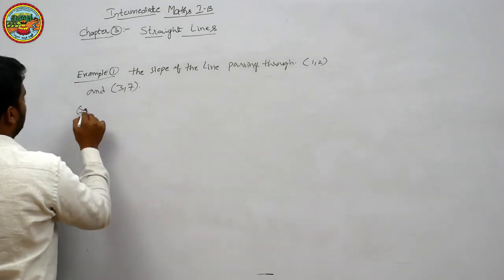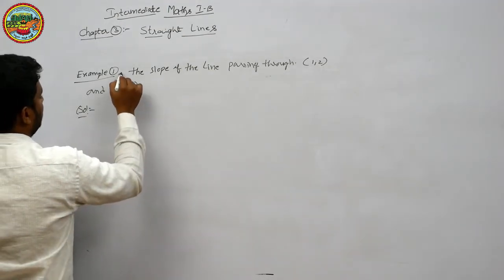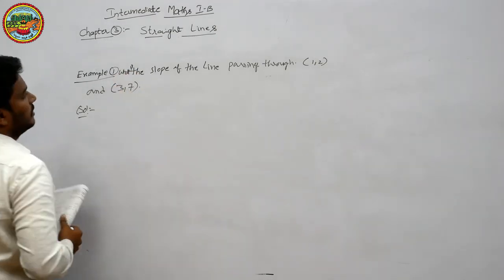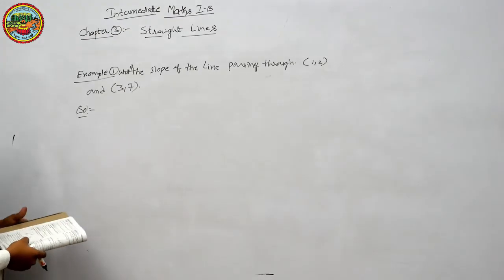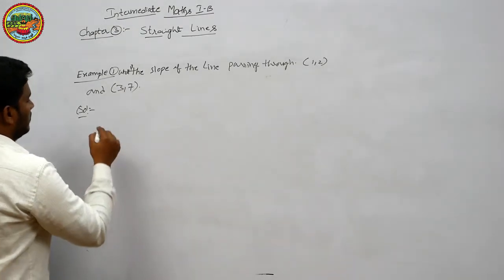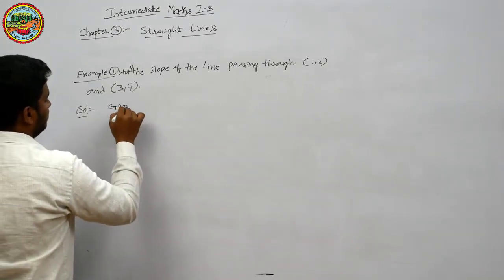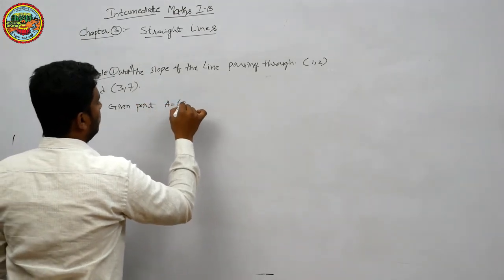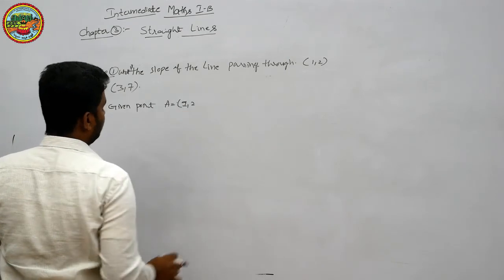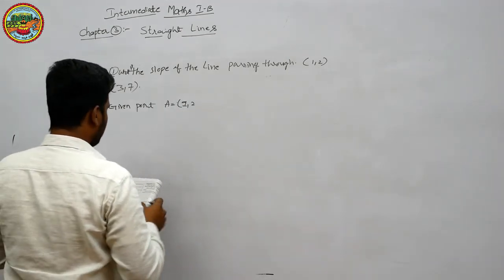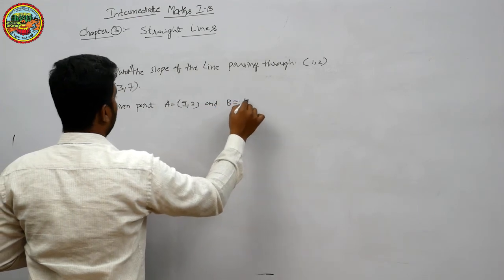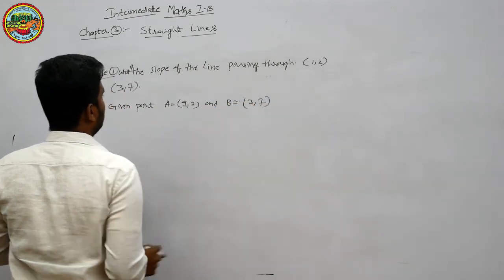Solution. So here, what is the slope of the line passing through (1, 2) and (3, 7)? Given points A is equal to (1, 2) and B is equal to (3, 7).